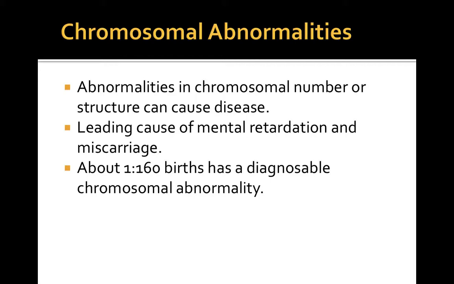An estimated 1 in 160 newborns have a chromosomal abnormality. For example, a newborn with trisomy 21 or Down syndrome has an extra chromosome 21 and therefore has a total of 47 chromosomes instead of the usual 46.